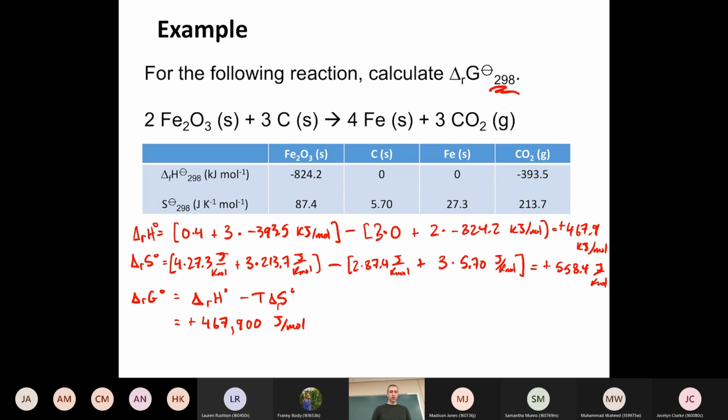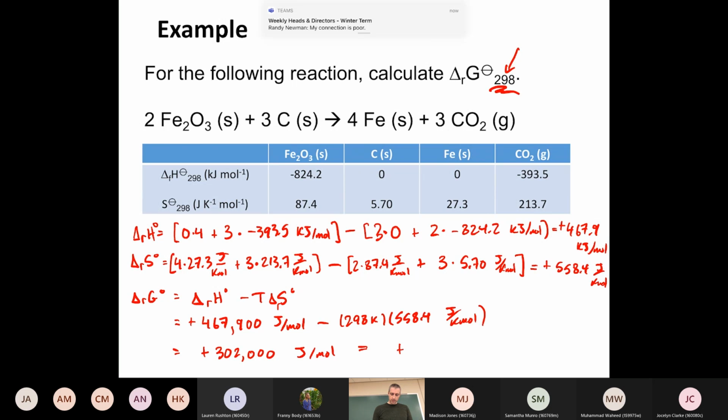They need to be both in joules or both in kilojoules. So let's change that to joules. Minus, the temperature is 298 K. You can tell because that's what it's looking for right there. And positive 558.4 joules per K mole. And the value you get for delta G using this is positive 302 joules per mole, which is positive 302 kilojoules per mole.